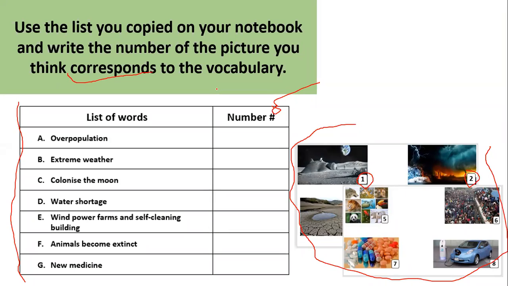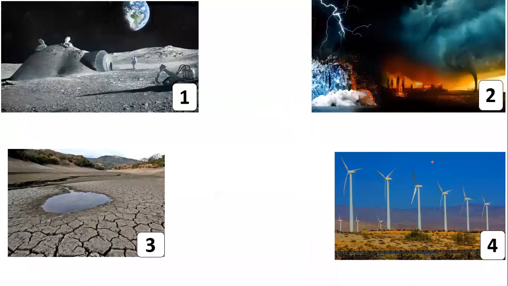Okay? All right, everybody understands? Yes. Do you have to write the number or the name of the picture? The number, but yes. These are the first 4 pictures. Put the number in the chart where you think they belong.